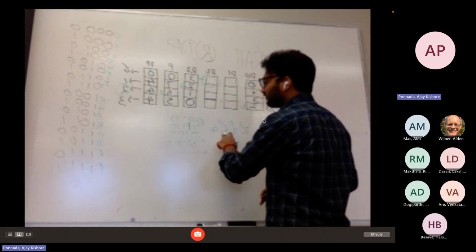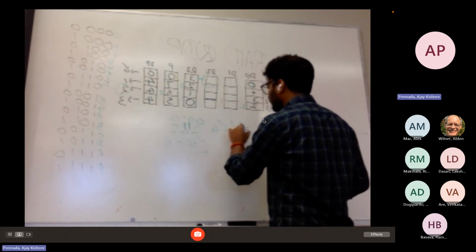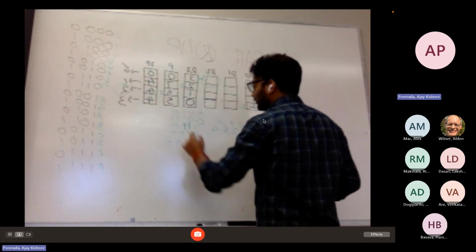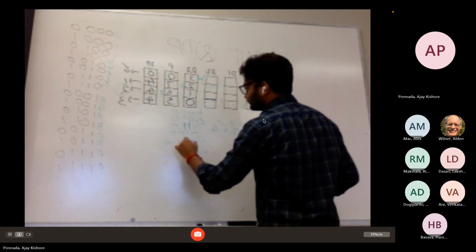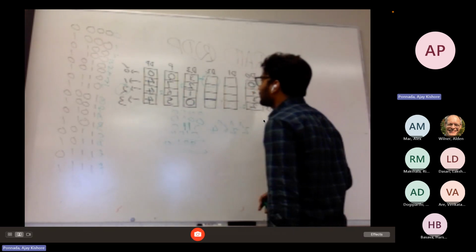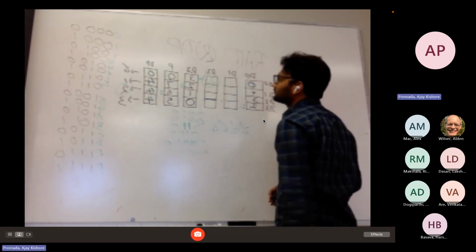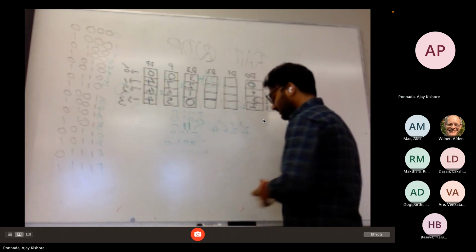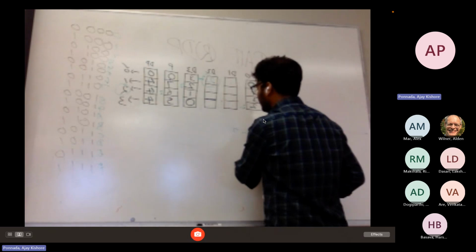Yeah, the other 2 is dead. Okay. Two. So this element is 2. And the same way, calculate the rest.